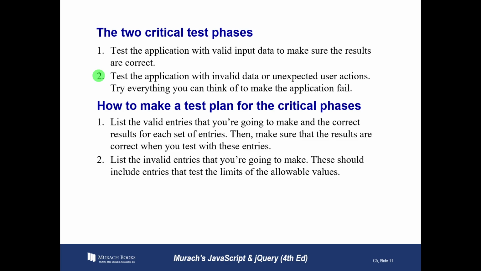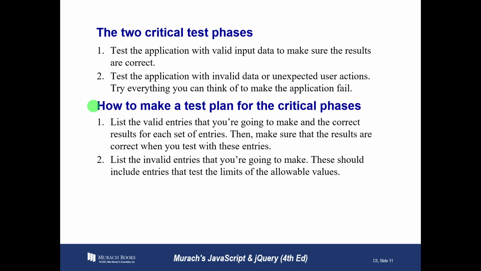I'm going to test it with 1, and I'm going to test it with 2. I'm probably going to test it with 49, 50, and 51. Right at the boundary, right at the edge. I may even say 50.1. If it's only supposed to go to 50, I'm going to try it with 50.1 and 49.5. Be careful of those boundary conditions. Those are always great places to test your application.